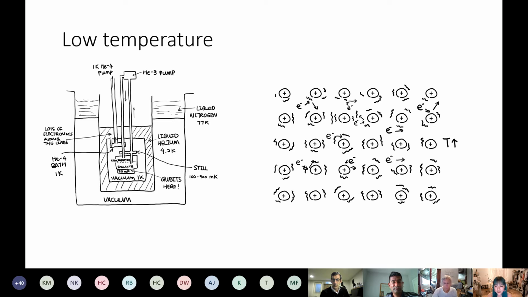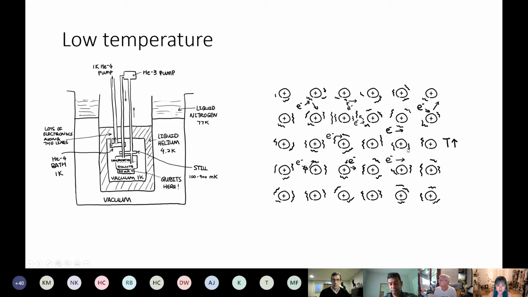And when your electron is trying to move in your material, the more vibration from the lattice, the more difficult it is for the electron to move through the material. So that is creating a lot of resistance. So resistance is basically noise. If this happens, then it can mask out any of the quantum mechanical behaviors that you actually want to observe.